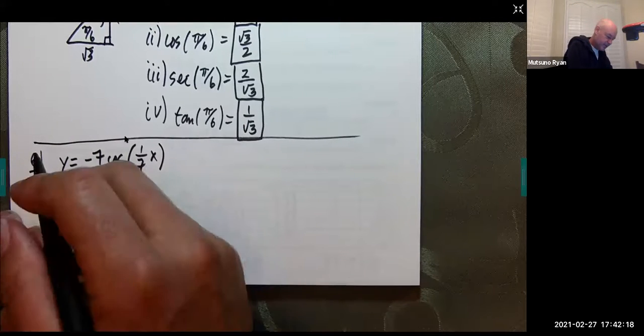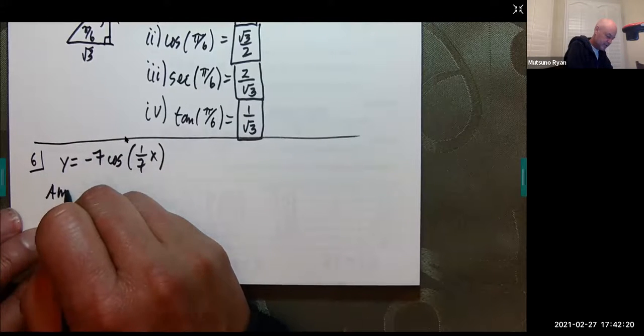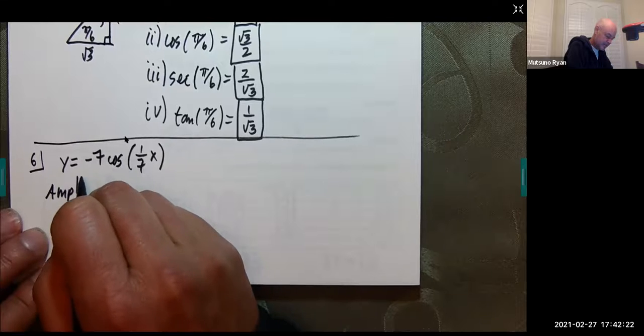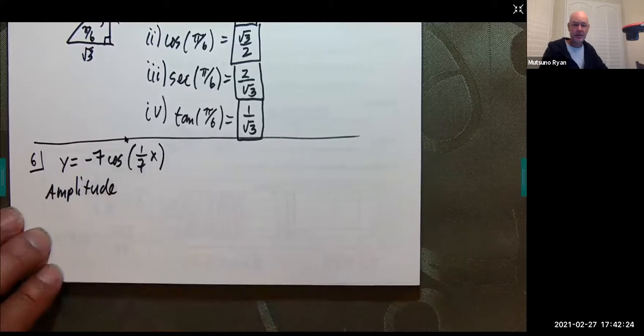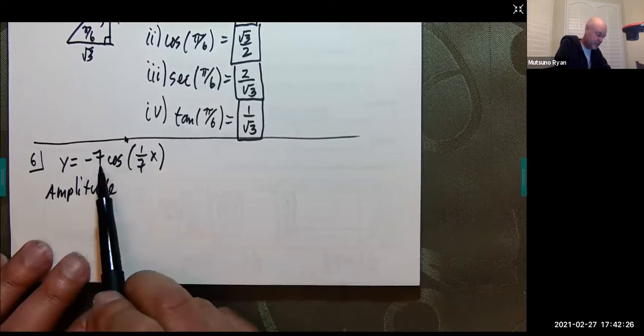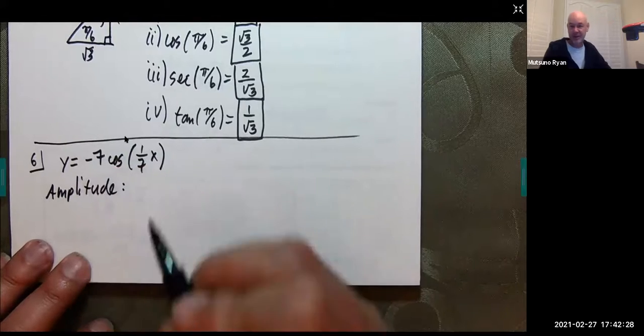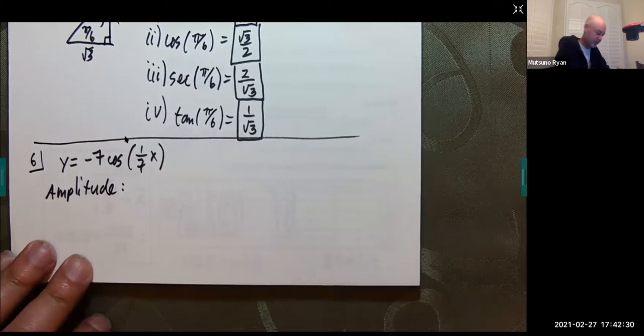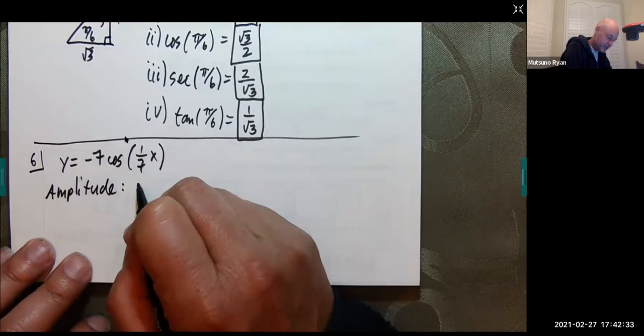And the first thing they want to know is the amplitude. The amplitude is going to be this -7, but we just put the positive value. We don't care if it starts up or down on the graph. And so the amplitude in this case is just 7.